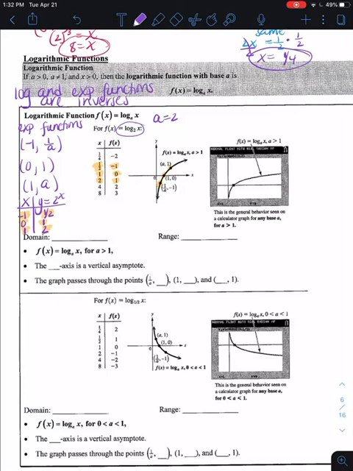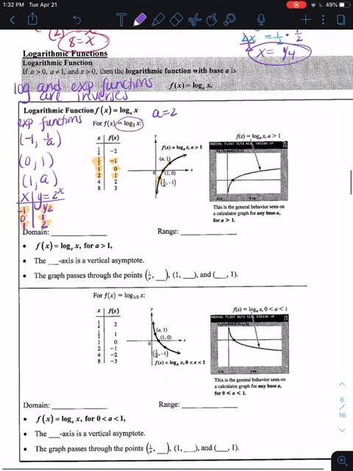All right, in this example here, we have a log function. The base a equals 2, so this is when the base is greater than 1. Since they're inverses, when we found the inverse of an exponential function, in this example y equals 2 to the x, this would be exponential growth. In exponential growth, the domain was all real numbers, so let's just make a note.